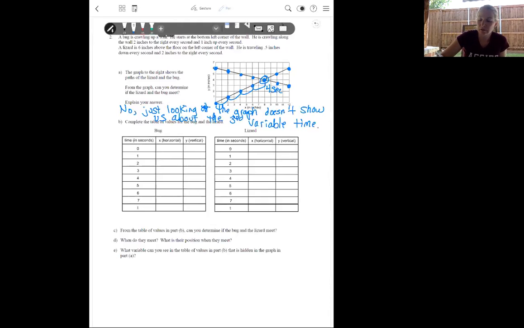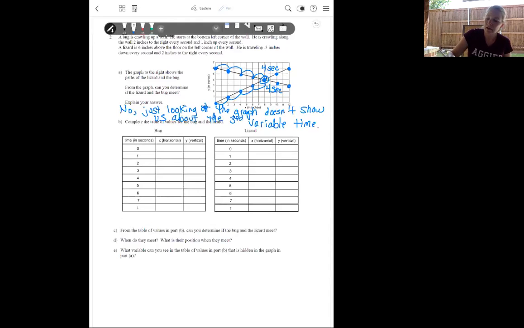So lizard, 1, 2, 3, 4. It took the lizard 4 seconds to get to the same intersection point. So did they actually meet? Yes, they did.